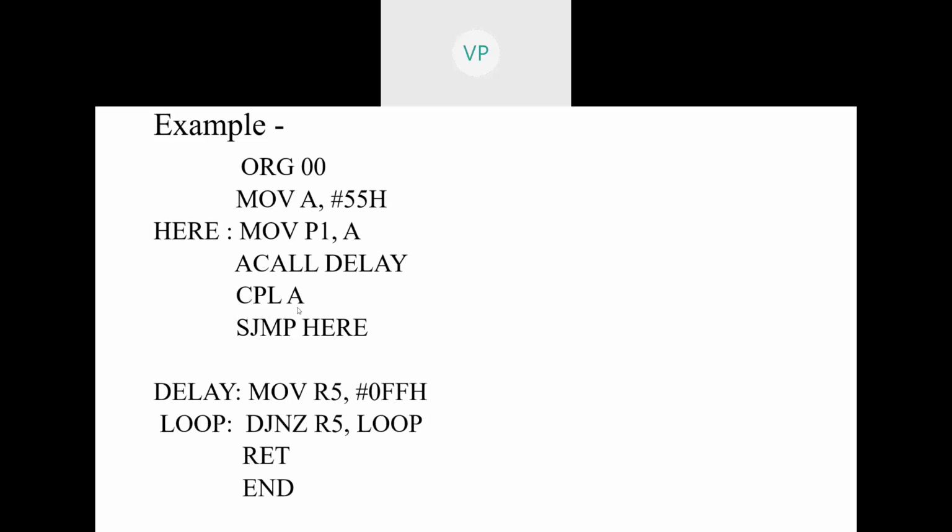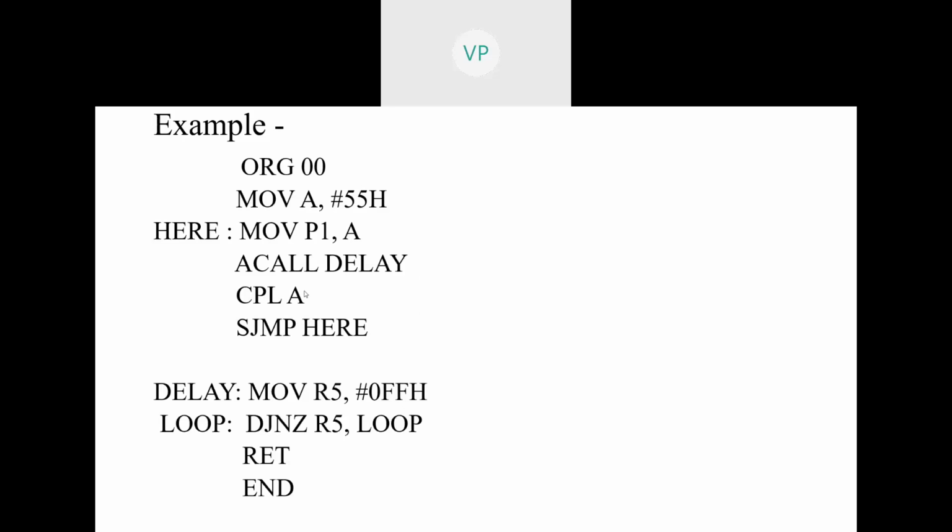Now this address of the CPL A has to be pushed down to the stack, which is our return address. First the lower byte, and after that the higher byte, right? Once the address is stored onto the stack, the processor makes the program counter hold the address of the subroutine, right?